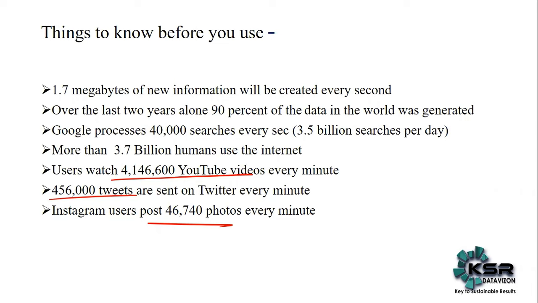You don't know the meaning of pathetic, so you go and search in Google. By the time you search, Google would have received 40,000 searches. And Google should respond to all 40,000 people. And that's what I said, 3.7 billion people are using internet.